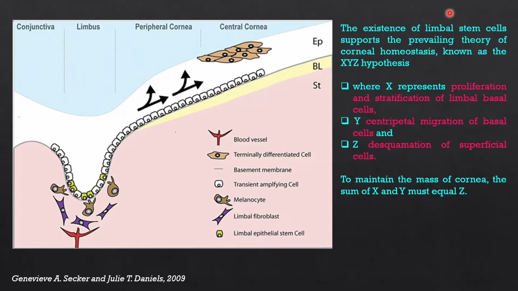Y is the centripetal movement towards the cornea, the migration, and Z is the desquamation of the superficial layer. To maintain the corneal mass, X and Y, that is the proliferation of these stem cells and centripetal migration together, should make up the entire mass of the corneal epithelium. So this is the XYZ hypothesis.